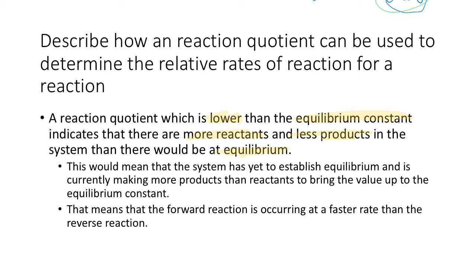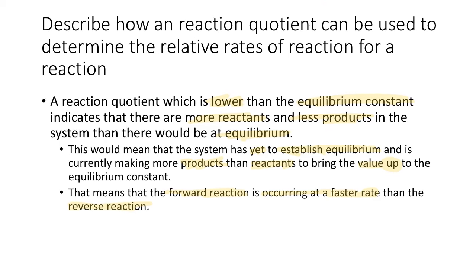This means that equilibrium is not yet established, and the system is currently going to make more products than reactants to bring the value up to the equilibrium constant. This means that the forward rate of reaction is occurring at a faster rate than the reverse rate of reaction, because you're making more products.